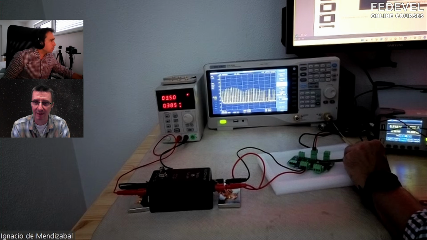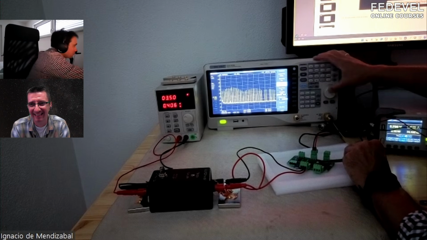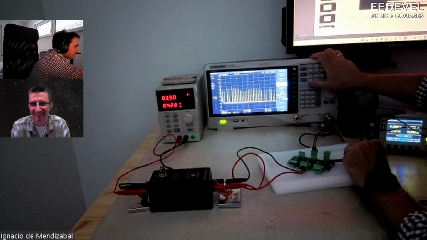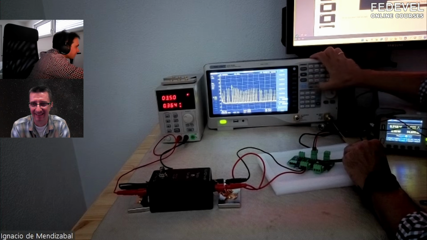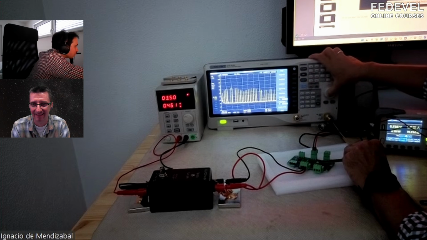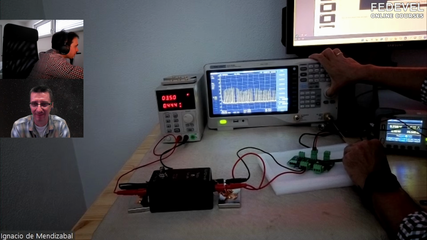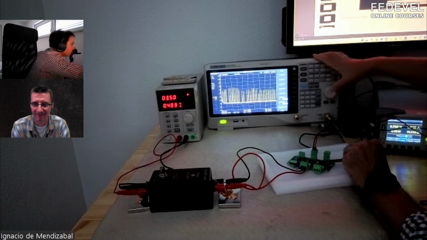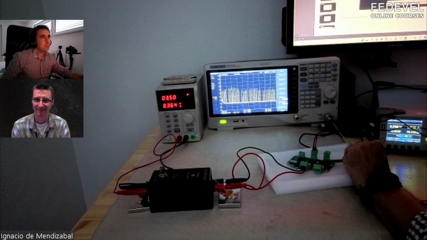So where is our 1.6? Let's look for the 1.6. The 1.6 is somewhere here. You know, 1.48 is the first signal that we are measuring.